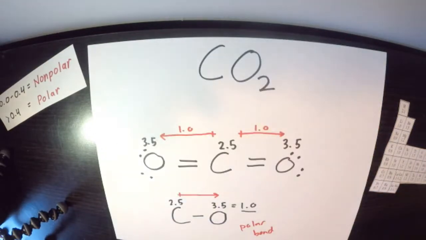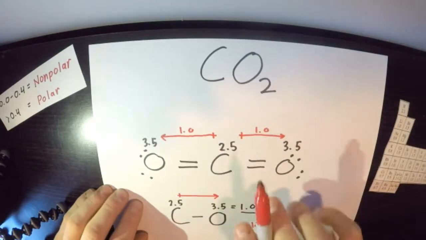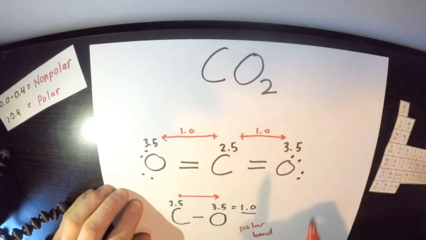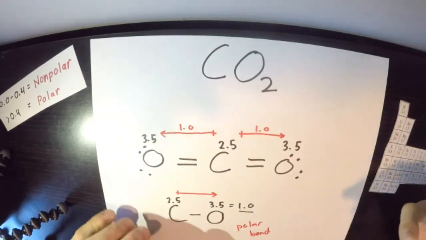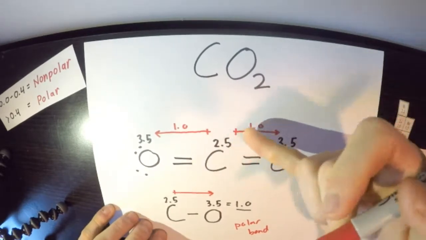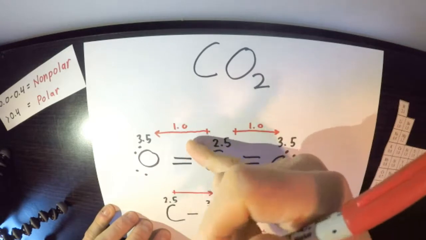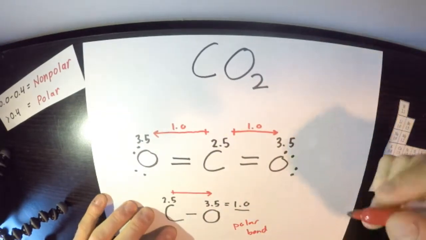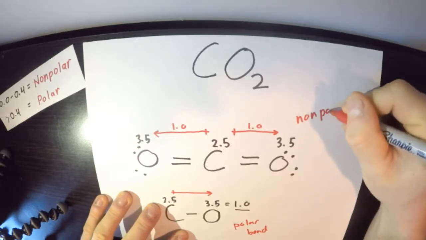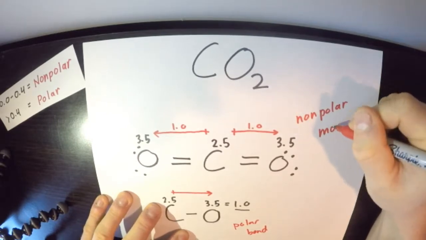Okay, so looking at these two, we've got 1.0 difference, 1.0 difference going in opposite directions. Essentially what you can think of is that these cancel each other out, because the same pole going to this oxygen is going to this oxygen as well. So we can say that these cancel each other out, making this a nonpolar molecule.